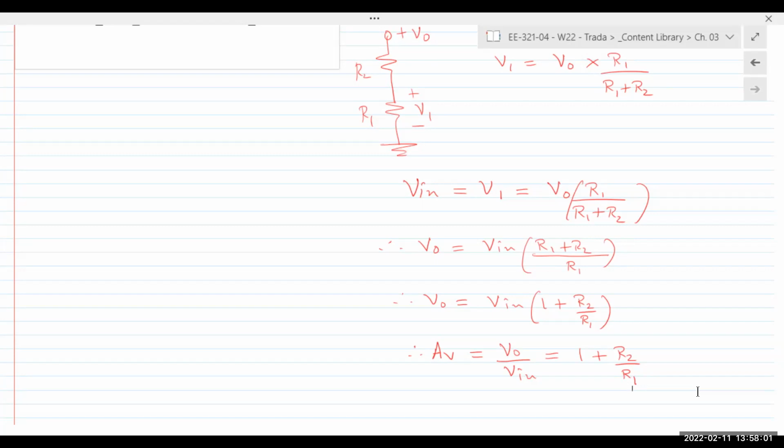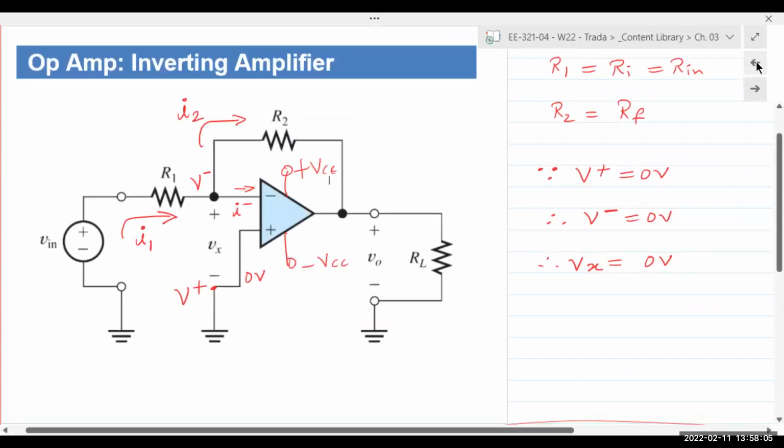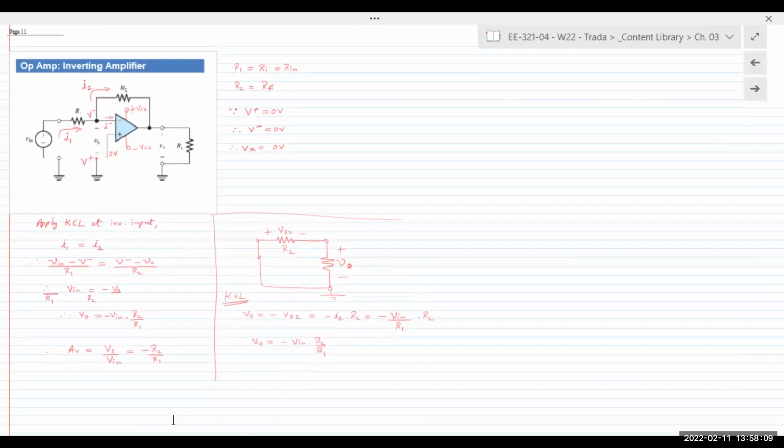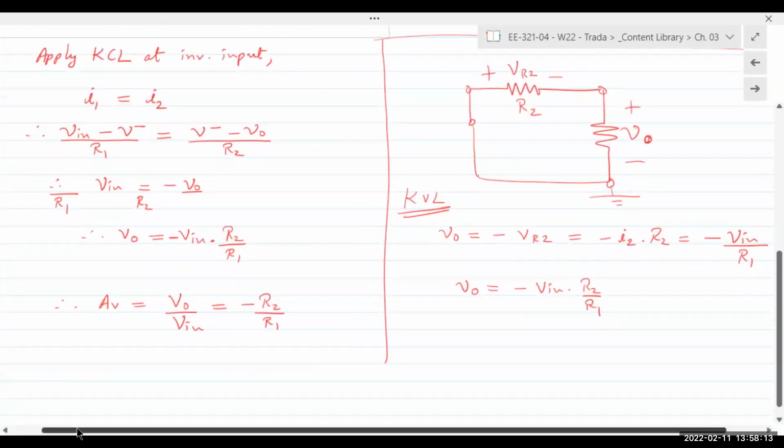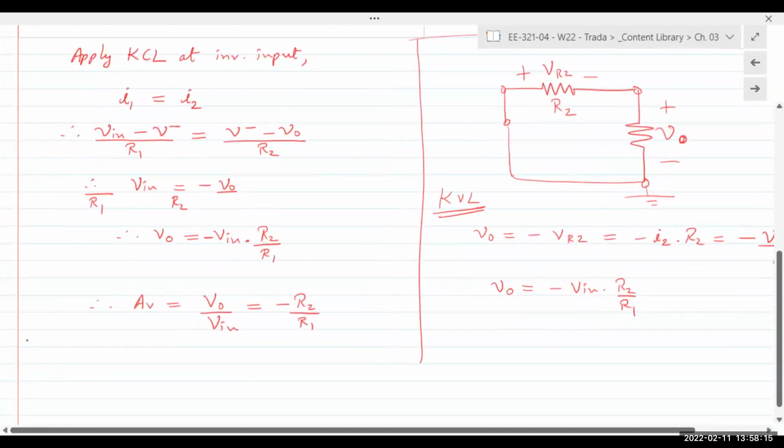So there's an example for a non-inverting amplifier. Let's go ahead and do that in the few minutes we have left.